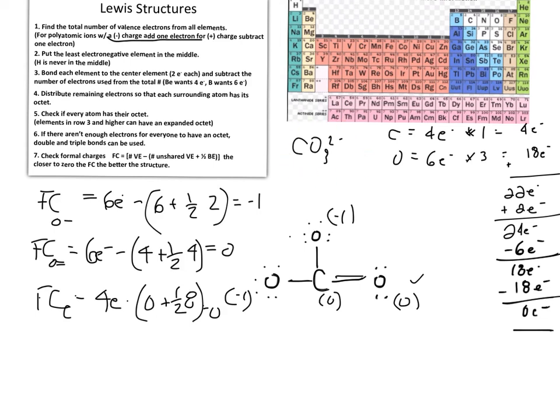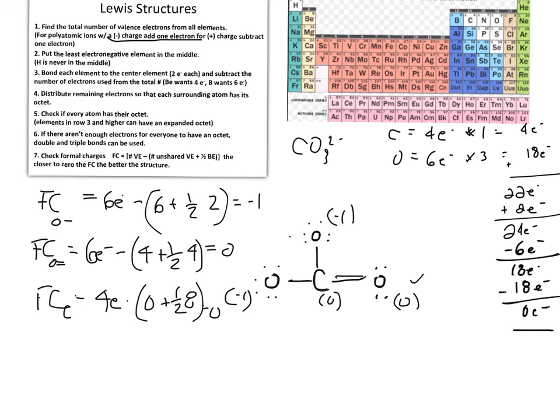If we look at the original formula we were given, CO3 2-, the carbonate ion, it is a negatively charged ion. So 2- is the overall charge, and the formal charges should sum up to -2. So -1 plus -1 plus 0 plus 0 gives us an overall charge of -2.